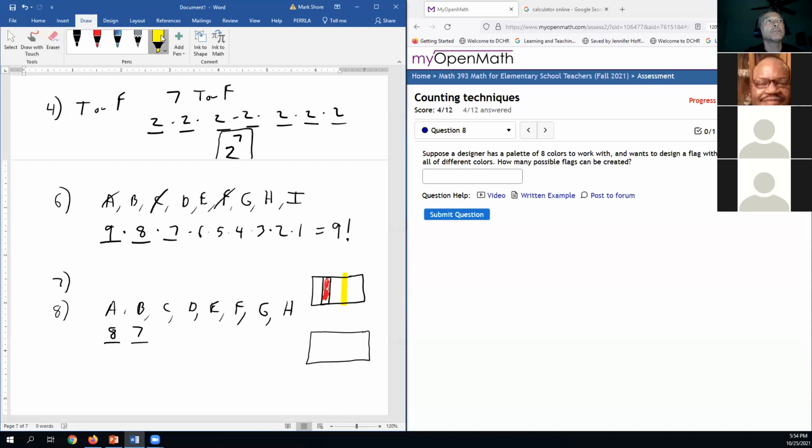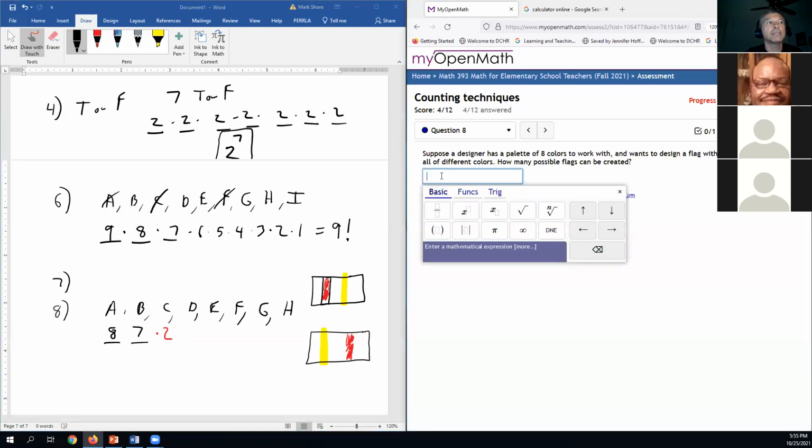For example, the first one might be yellow and the second one be red. So order matters here. This is a different flag than the one shown above here. So since order matters, there's 2 different ways that you could arrange these 2 colors here. So we have to multiply this by 2 because there are 2 arrangements of color.